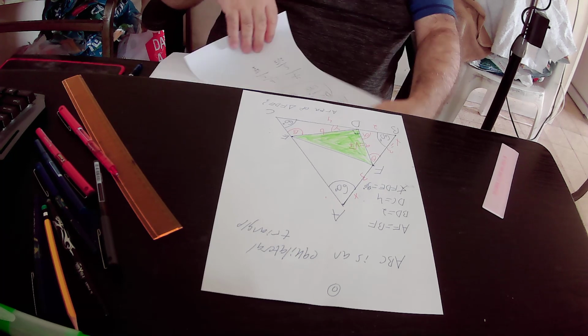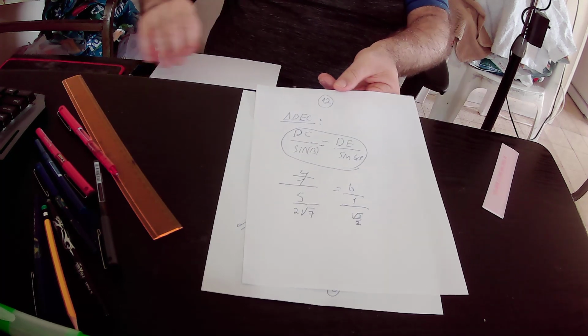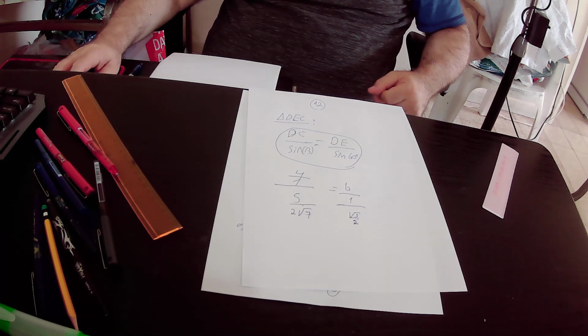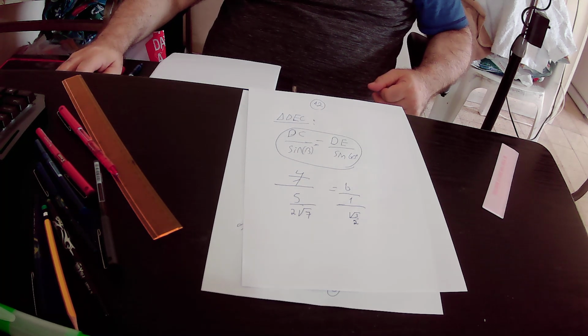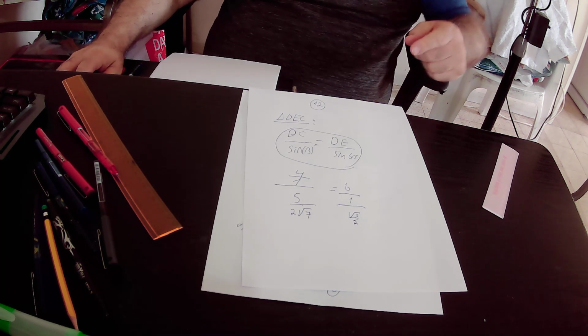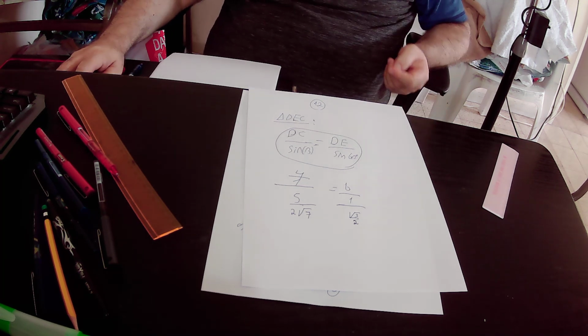Okay, so we got that 4 over 5 over 2 times root 7 equals B over root 3 over 2.